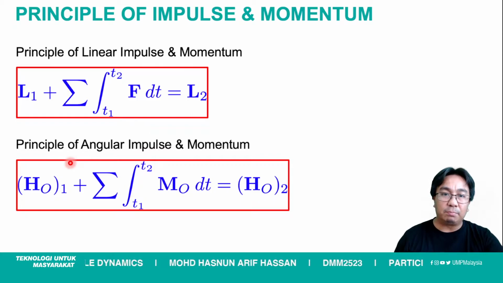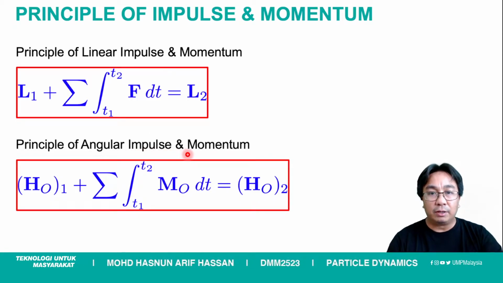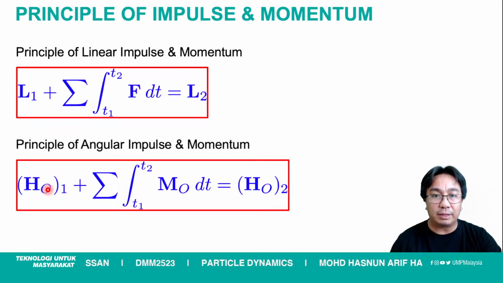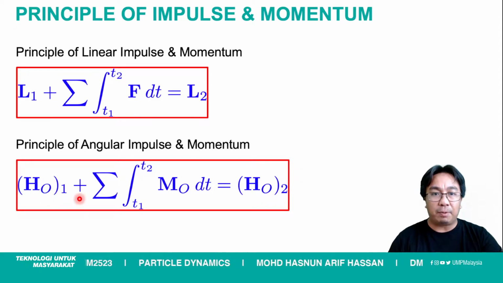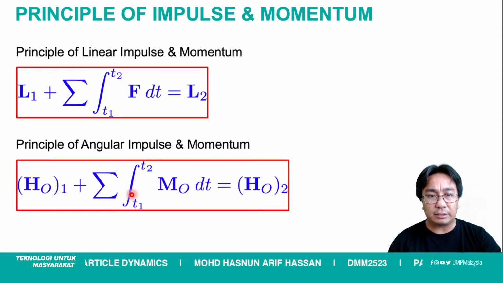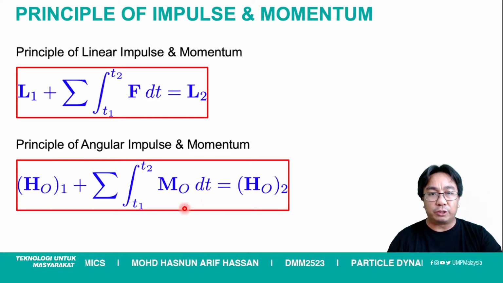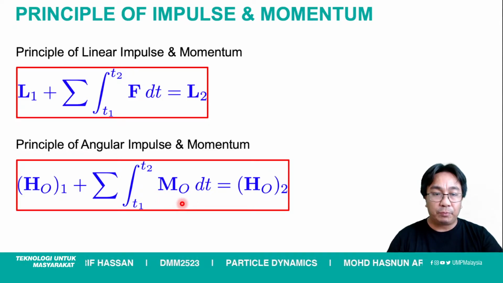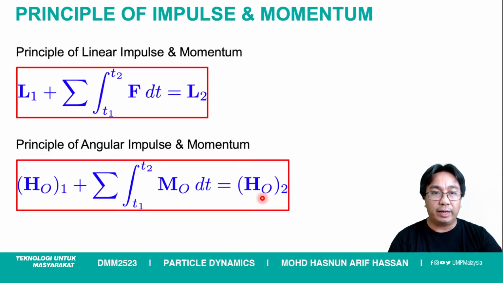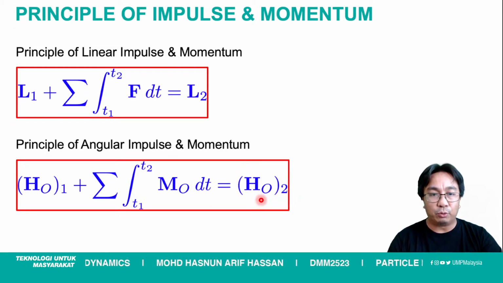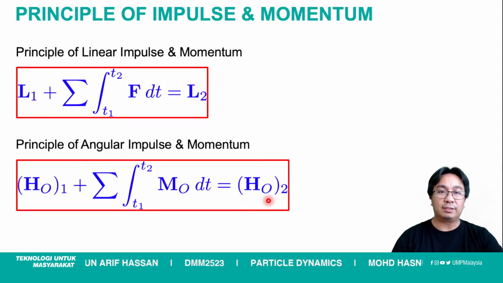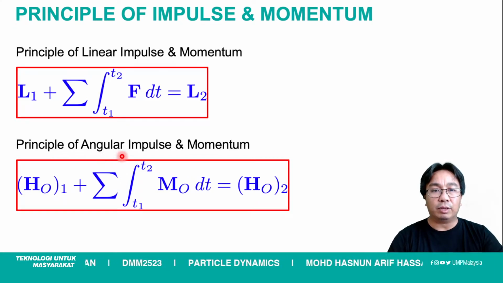So for the principle of angular impulse and momentum, we have HO1, the initial angular momentum about point O, plus the integration of MO dt, which gives the angular impulse about point O, equal to HO2, the final angular momentum about point O. So this is the principle of angular impulse and momentum.